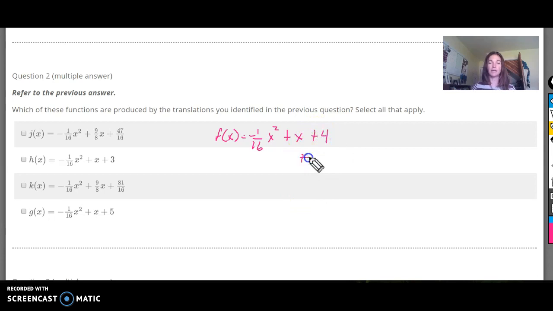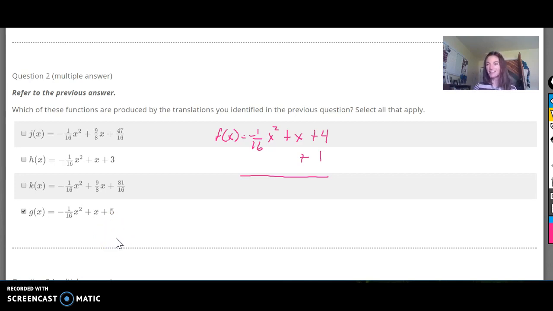So if we just add 1, we get this g of x: negative 1/16 x squared plus x plus 5. That's quite an easy one.